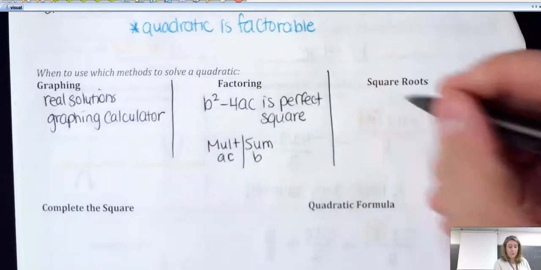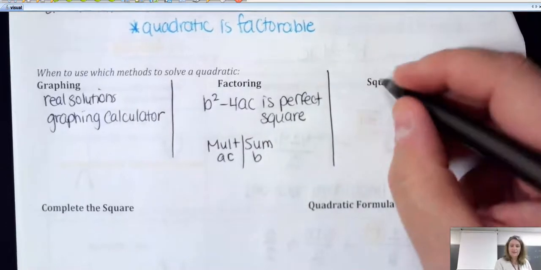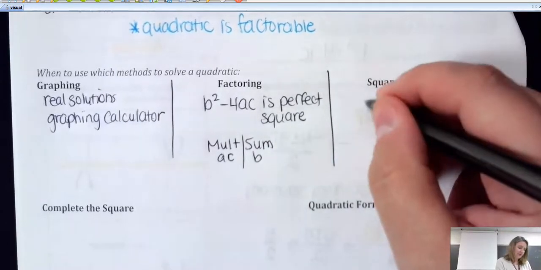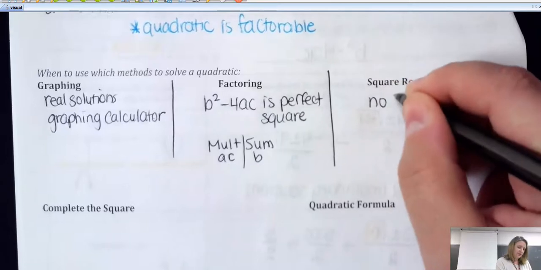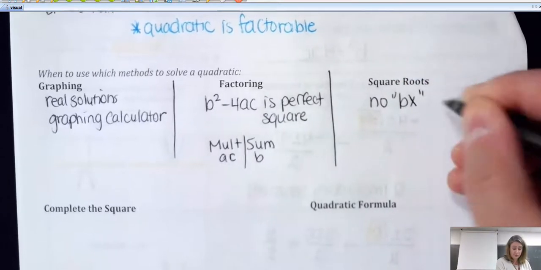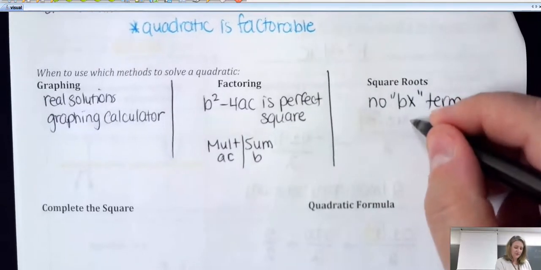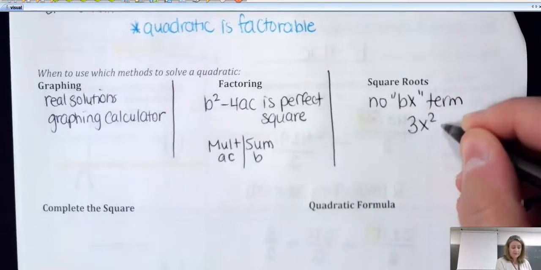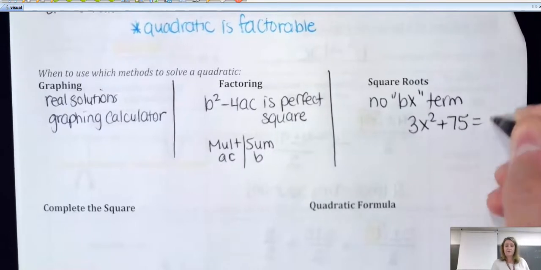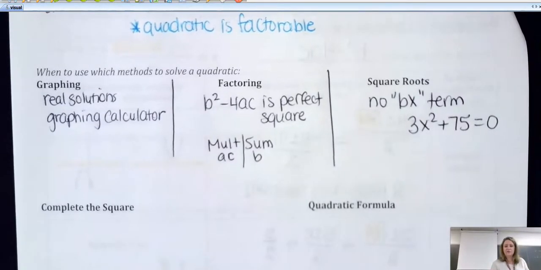Square roots, you want to use square roots. I'll give you a couple of examples, but basically I want no linear term. Something in that format might be like 3x squared plus 75 equals 0. That would be a good example, because I would just solve that using square roots since I could get x by itself.